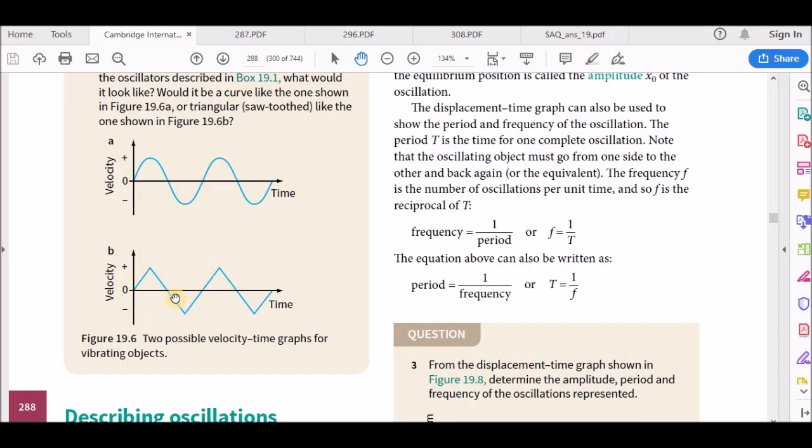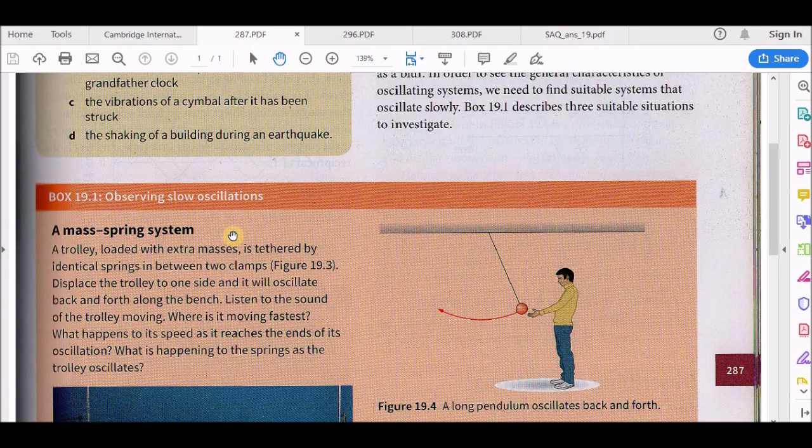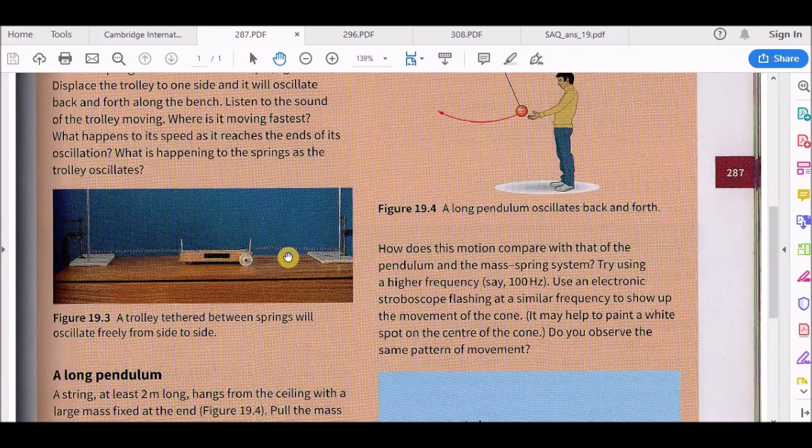But the acceleration depends on the force, and the force keeps on changing depending on how much the spring is compressed. For example, over here the spring gets more and more compressed, and the other spring gets more and more extended. So when the springs are getting more compressed and more extended, the force exerted by the spring also gets more and more or less and less, depending on the position.